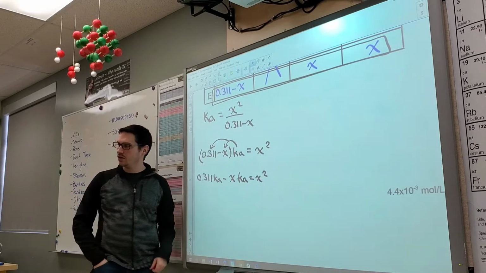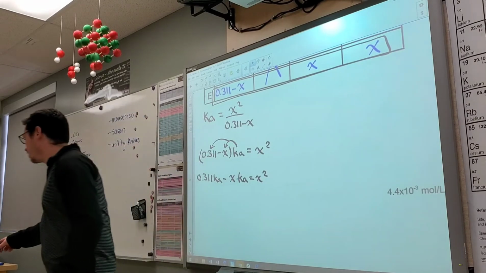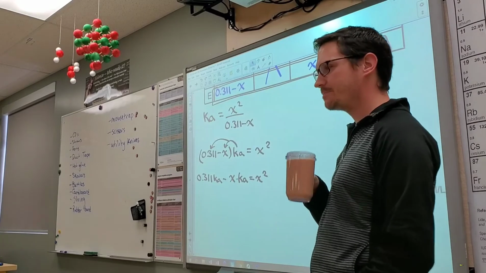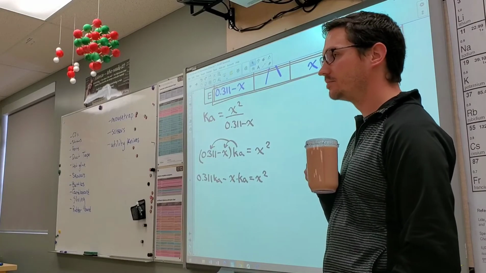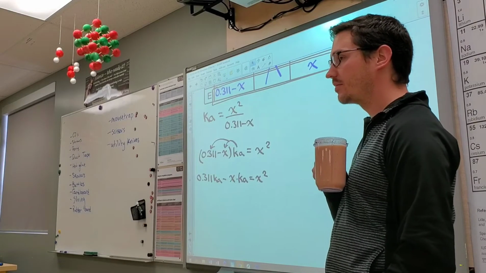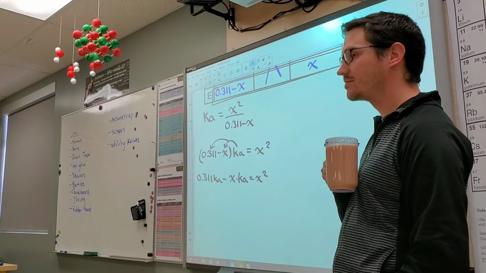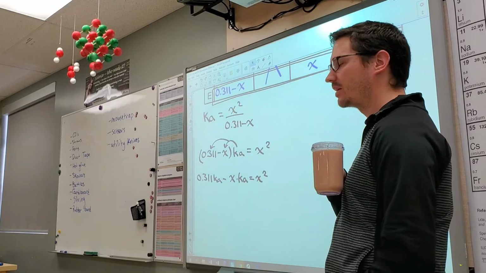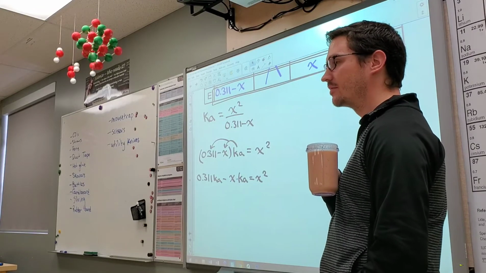Scott? For putting it into your graphing calculator and solving it, since the Ka values are so small and the graphing calculator works based on pixels, it gives you a ridiculous number that's so hard to actually get to intersect.